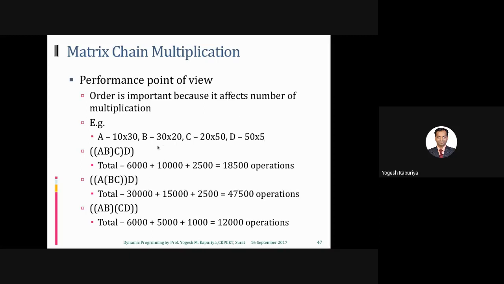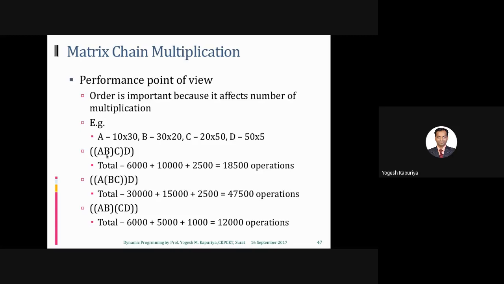Now, if you remember the time complexity of matrix multiplication, if you have been given two matrices, A is P cross Q and B is Q cross R, then the time complexity is P into Q into R. Or in general, the time complexity of matrix multiplication is N cube, right? So let's say you are doing it this way.